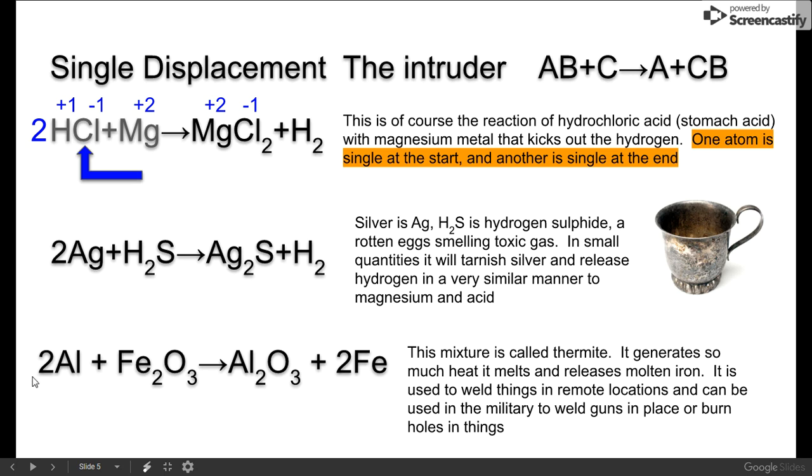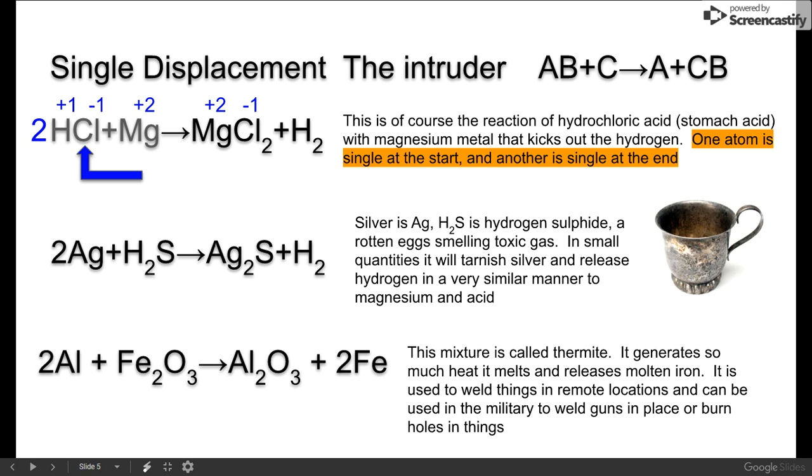This one is a real cool reaction I'm going to show you. If you mix aluminum metal with iron oxide, iron rust, and set it on fire, the aluminum will steal the oxygen and release the iron. And it's like a bomb going off. It's this huge incendiary flare of molten metals exchanging places, and you are left with glowing heaps of iron.